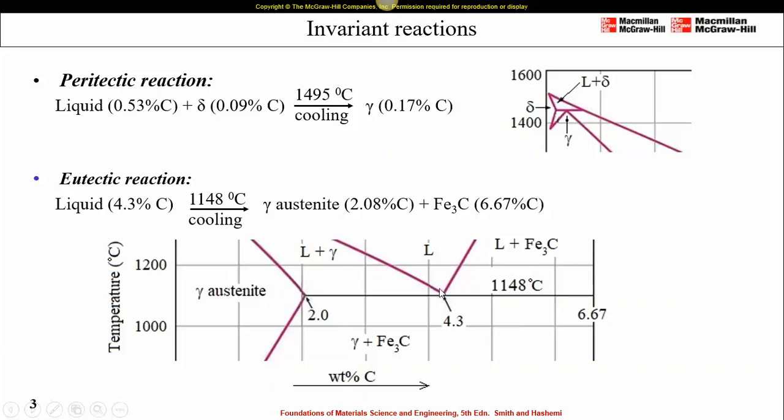And we notice that liquid with 4.3 weight% carbon on cooling through 1148 degrees Celsius is transformed into a mixture of gamma, austenite, and iron carbide. Gamma has 2.08 weight% carbon, and iron carbide has the fixed composition of 6.67 weight% carbon.